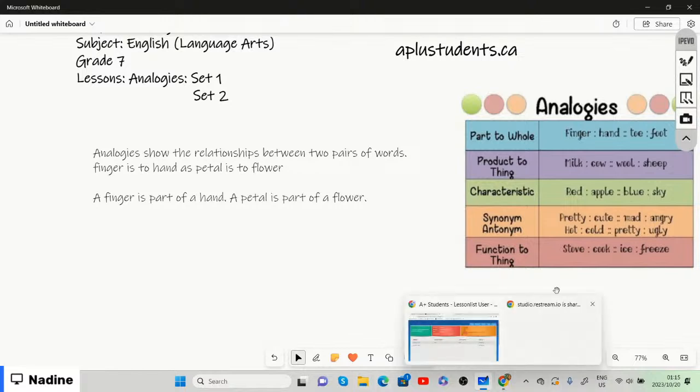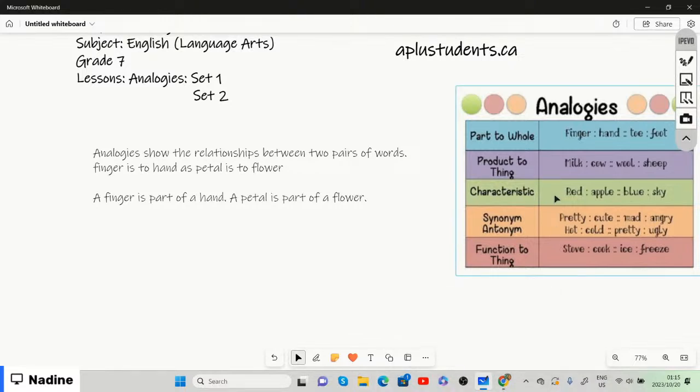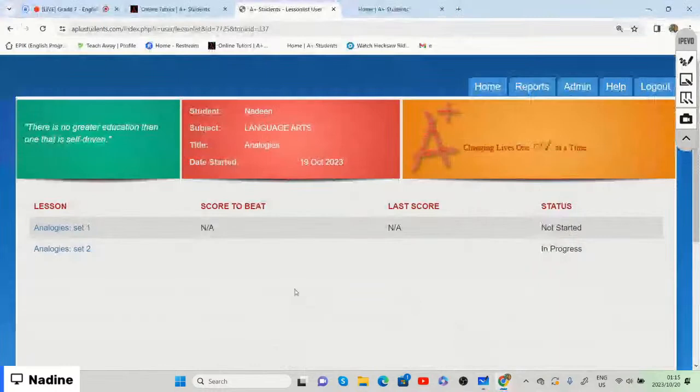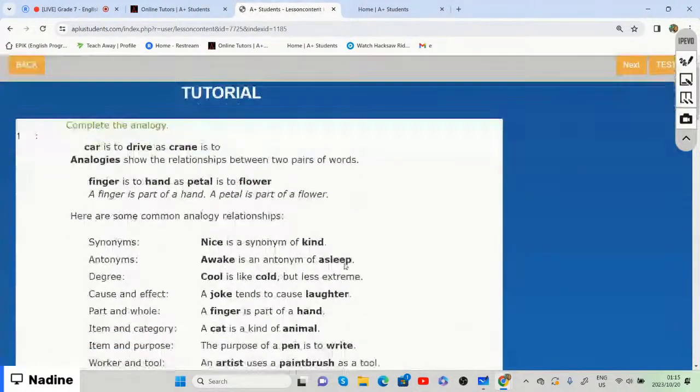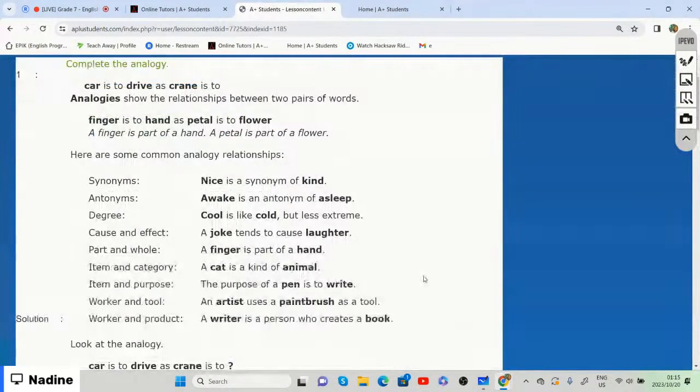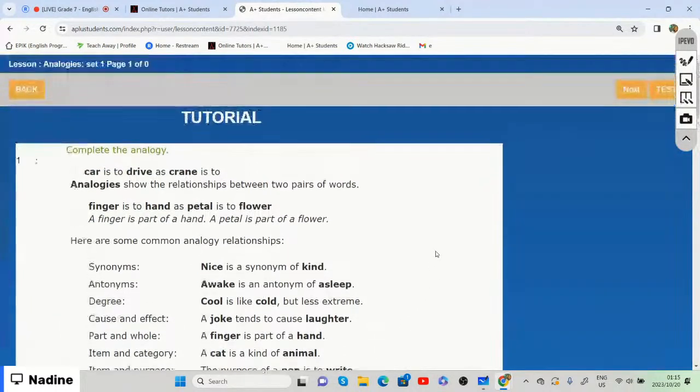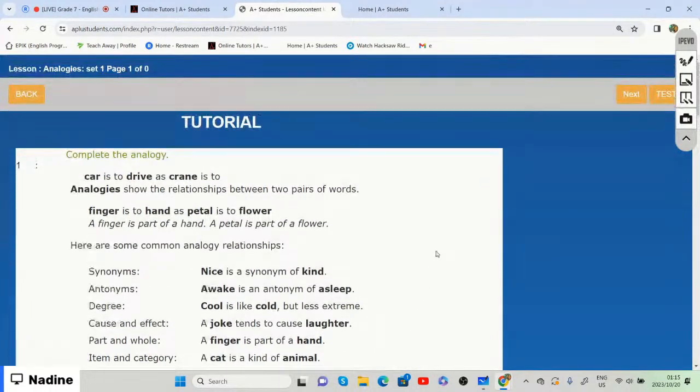All right. So now we're going to our tutorial lesson on aplusstudents.ca. And we're going to the first one, which is analogies set 1. So we said analogies show the relationship between two pairs of words, right?